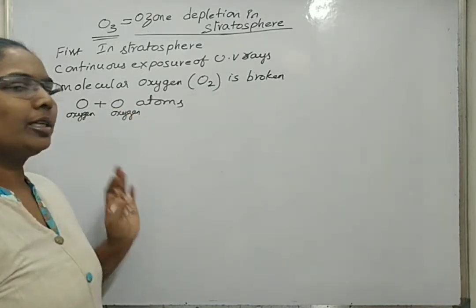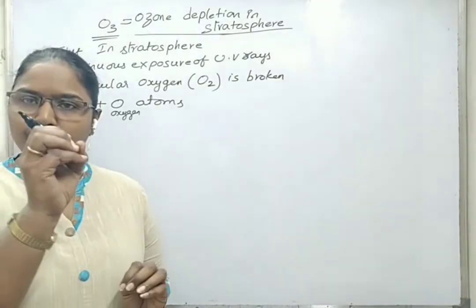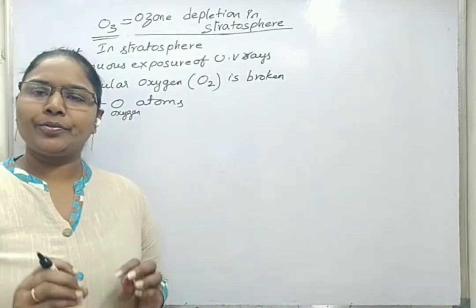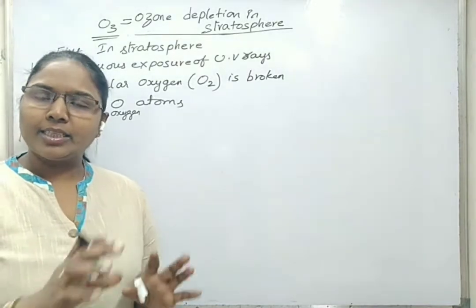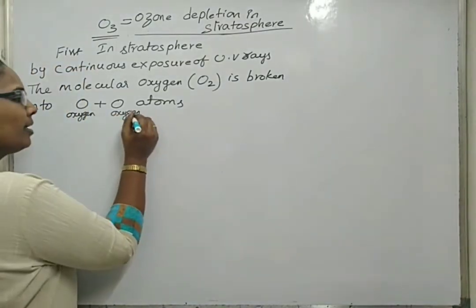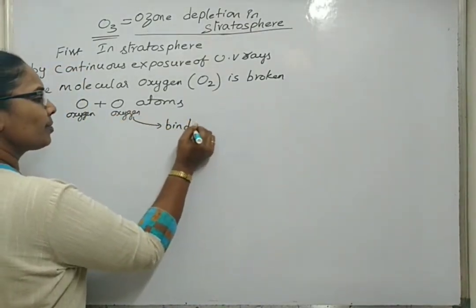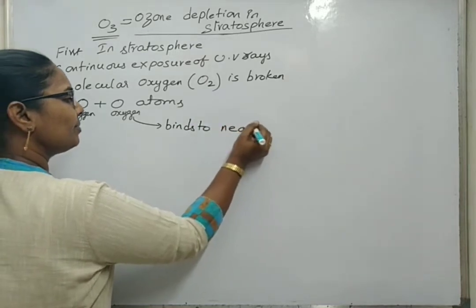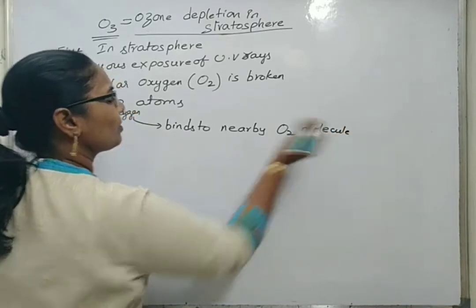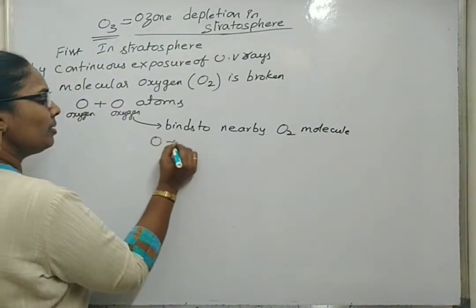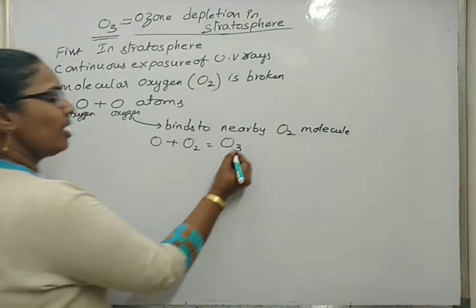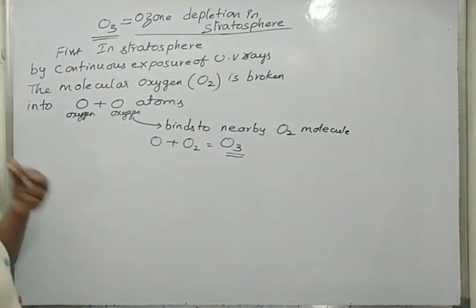Now, all the molecular oxygen is not broken. Only the places where UV rays are continuously focused are broken. Each oxygen atom again binds to a nearby O2 molecule. So oxygen plus O2 equals an ozone molecule. This is how ozone molecules are formed.